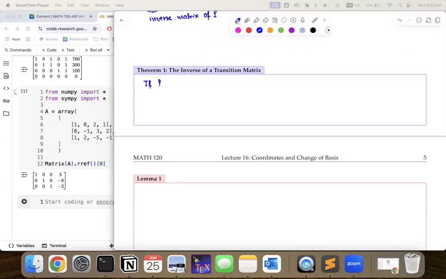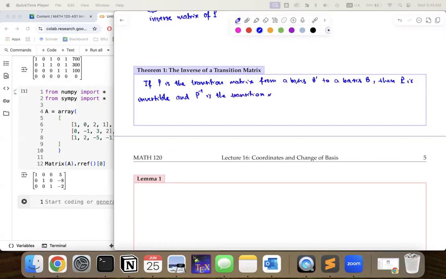So if P is the transition matrix from a basis B prime to a basis B, then P is invertible and P inverse is the transition matrix from B to B prime.